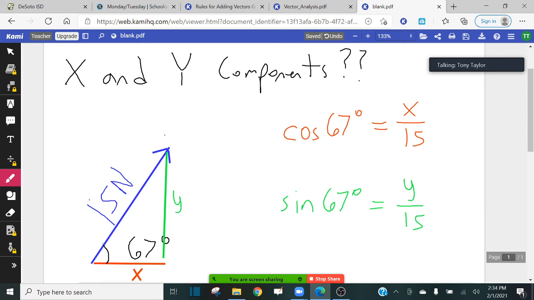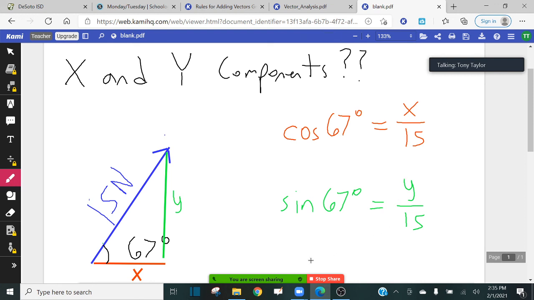On this assignment, whenever I ask you to find the x and y components, you're going to use SOHCAHTOA to solve. In this case, you're using cosine to solve for x, and sine to solve for y.